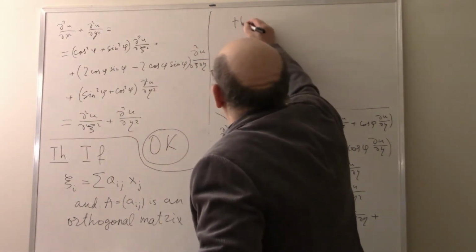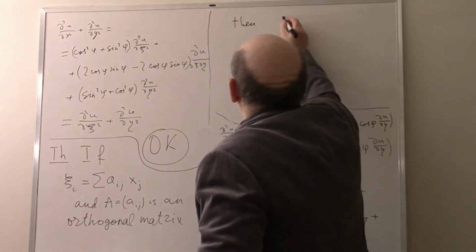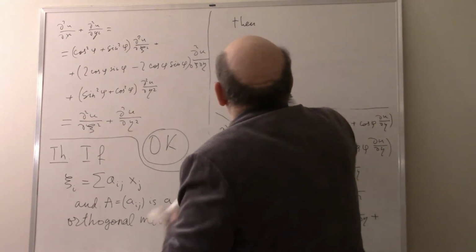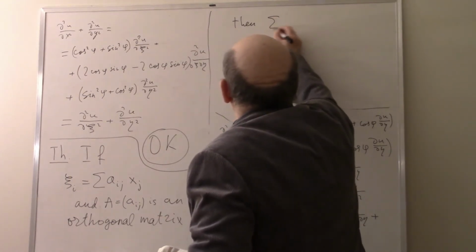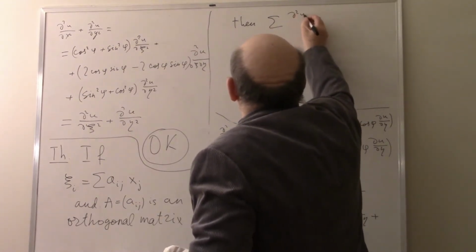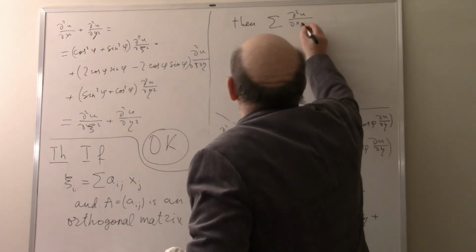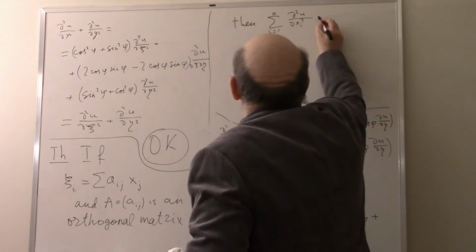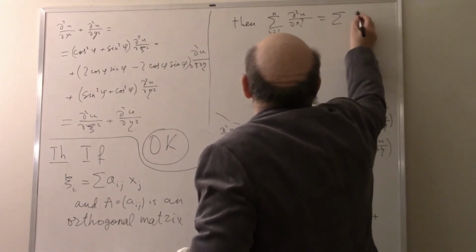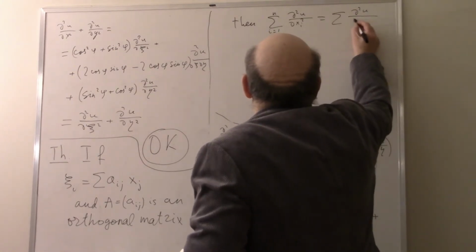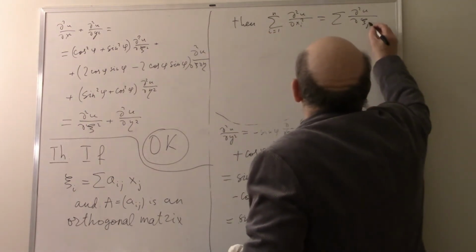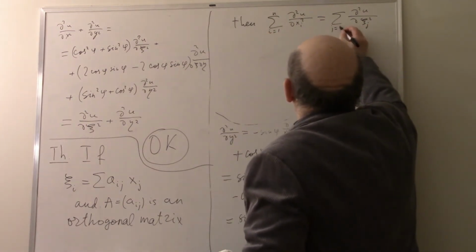Then sum of ∂²u/∂ξi² for i from 1 to n equals sum of ∂²u/∂xj², j from 1 to n.